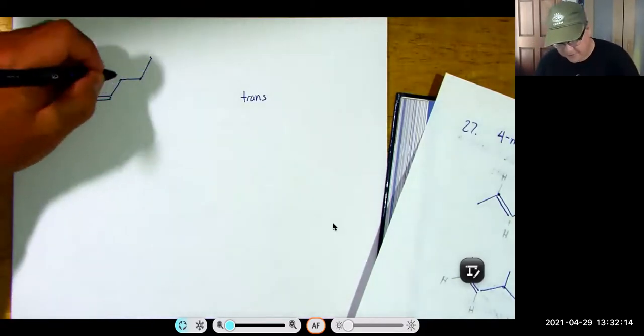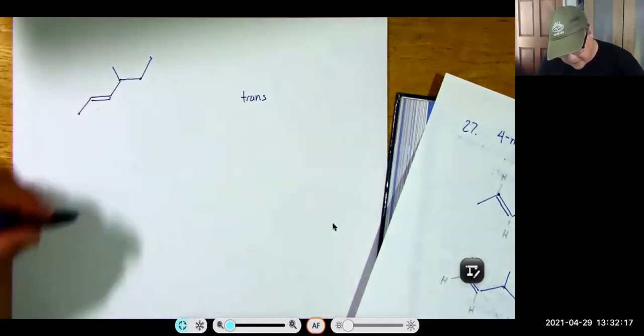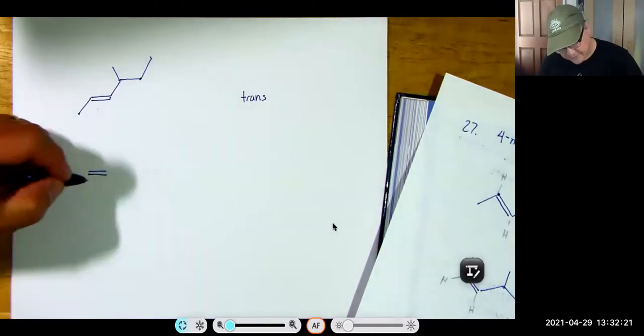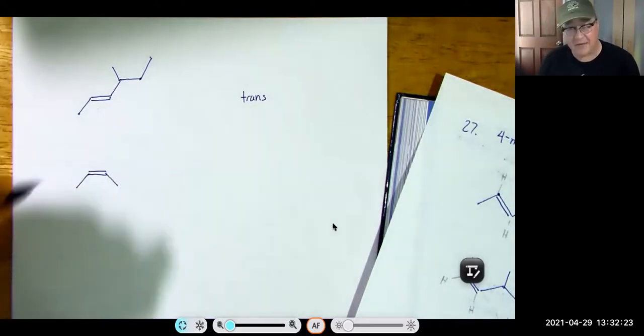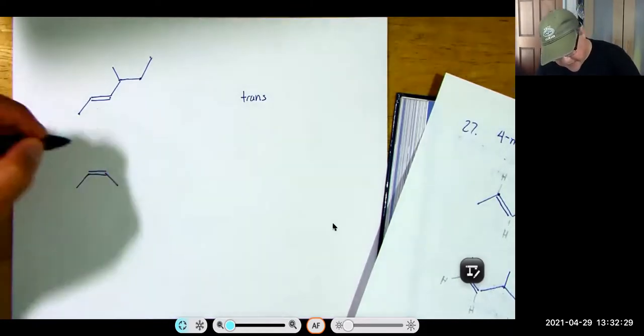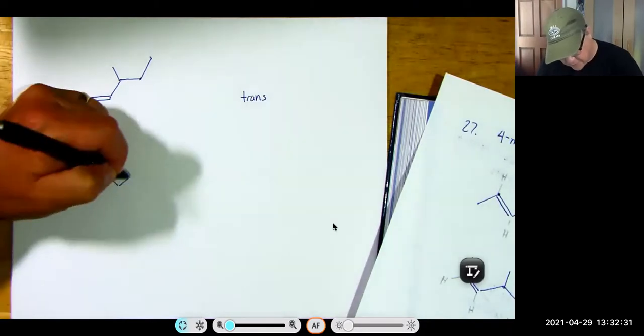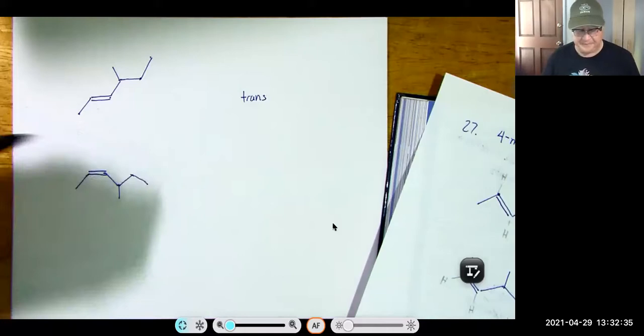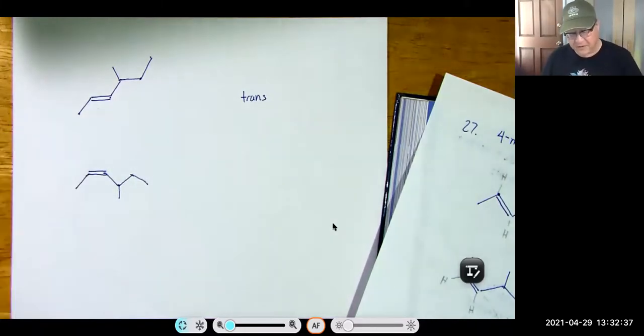This is the 4-methyl. And here, to do the cis, I'm going to do this. Do you see how that puts both of the hydrogens going up? And then I'm just going to continue it. If I went down like this, then I'm going to go 1, 2, 3, 4, 5, 6, and I'll do that. So both of these are fine substitutes for what we had done before.